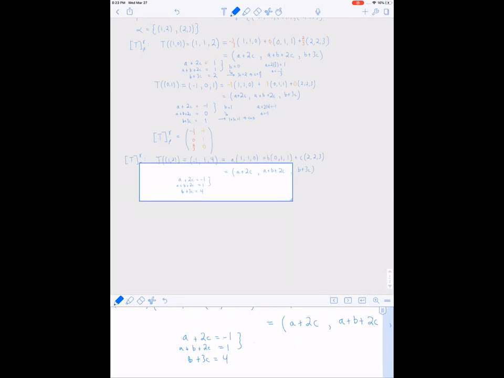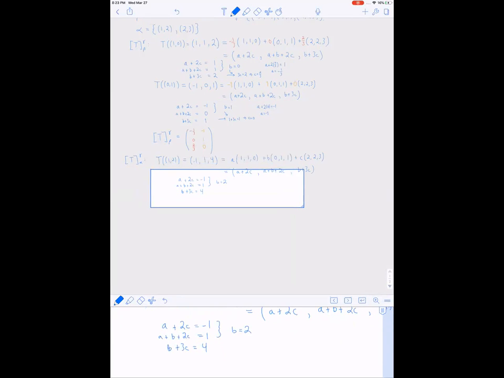Following the same method, subtracting the first equation from the second, B is equal to 1 minus negative 1. So B is equal to 2. Once B is equal to 2, we can determine that 2 plus 3C is equal to 4. So this implies that 3C is equal to 2. So C is equal to 2/3.